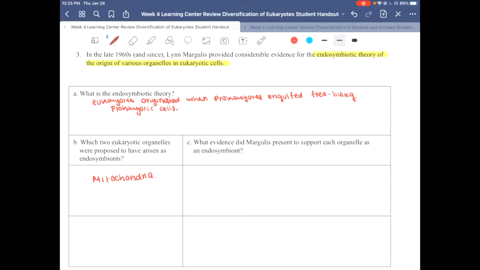Can you guys think of any similarities between a prokaryote that the mitochondria has, even though it's inside a eukaryotic organism? Comment says can replicate itself through binary fission. Yes, that's a great example. As humans, we don't really do binary fission when we want to replicate.